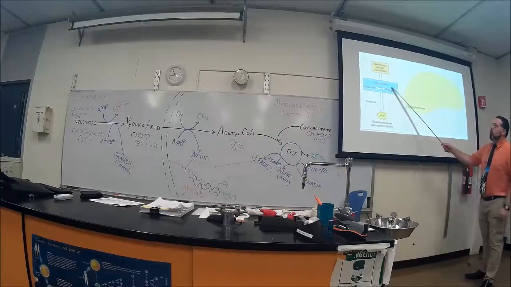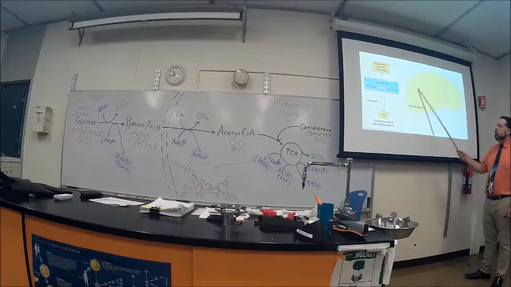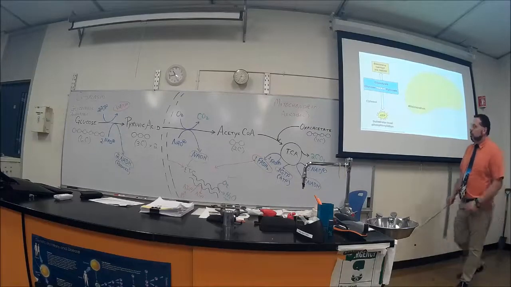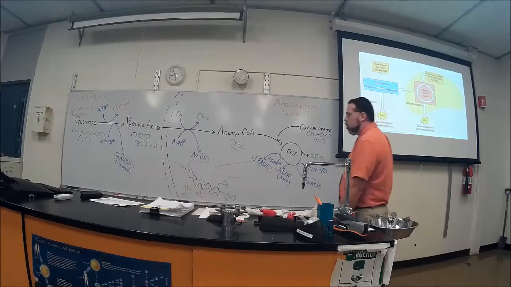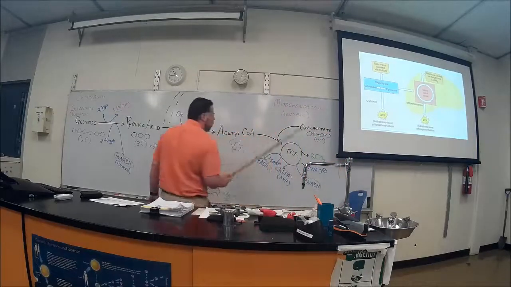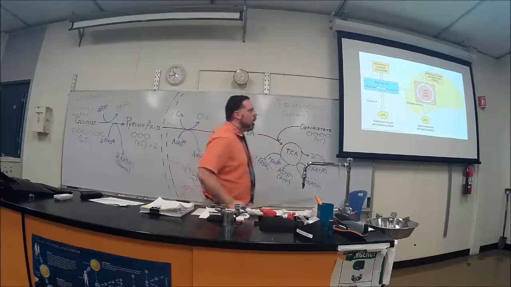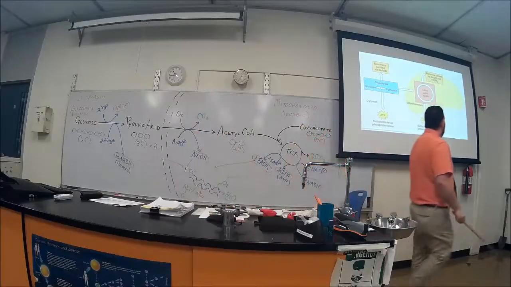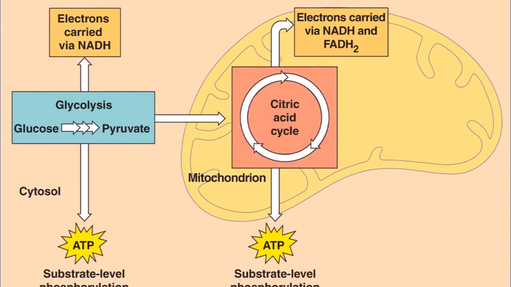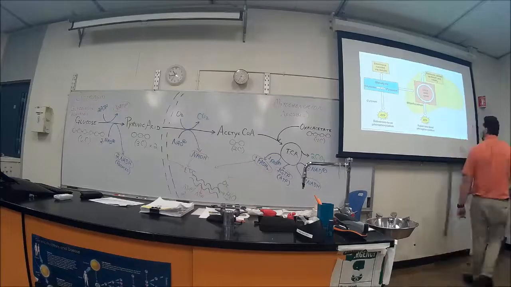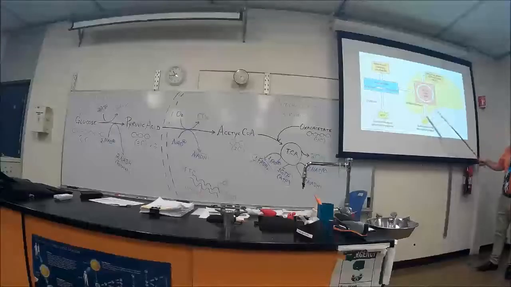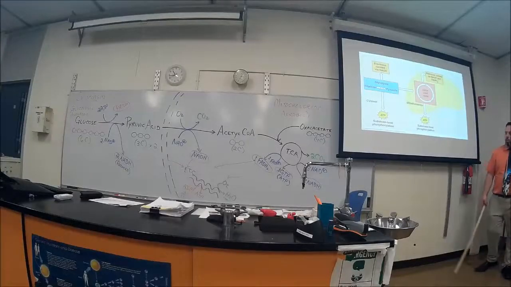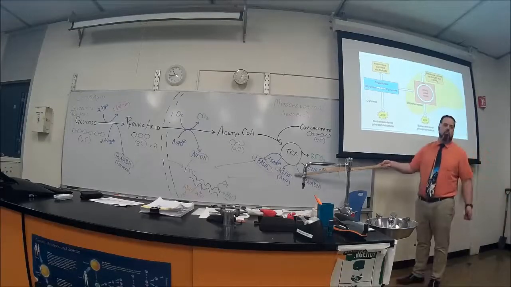Now the pyruvate, if there's oxygen, can enter the mitochondria. When it does, we're going to have the Krebs cycle go on, the citric acid cycle. You're going to make ATP from there, or in this case, GTP.